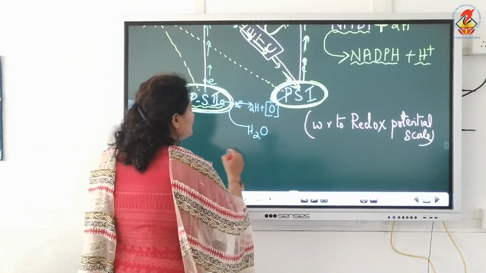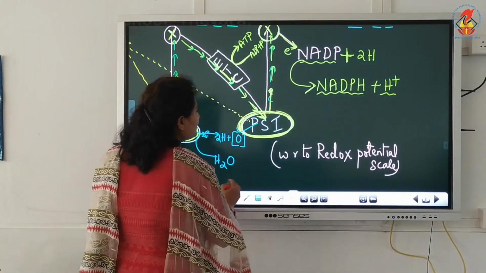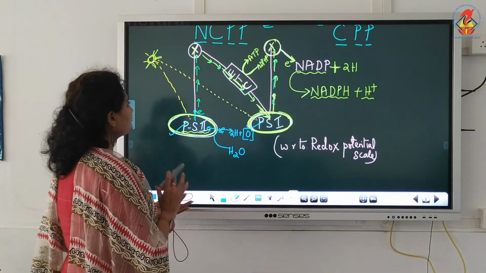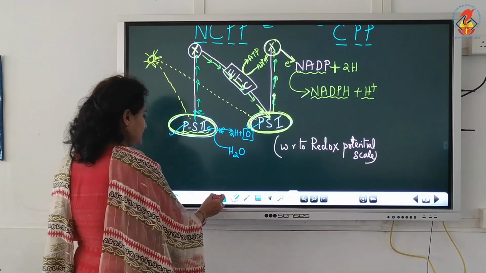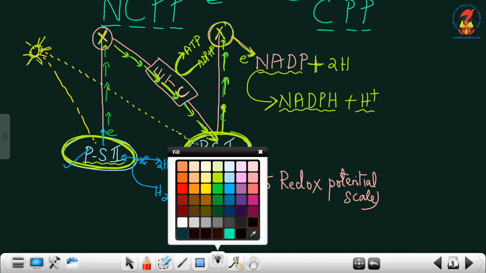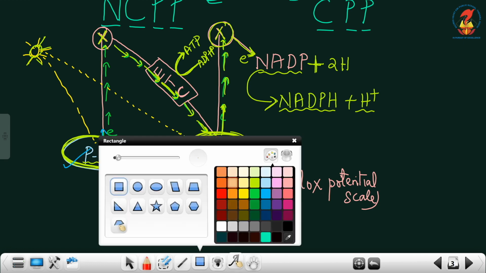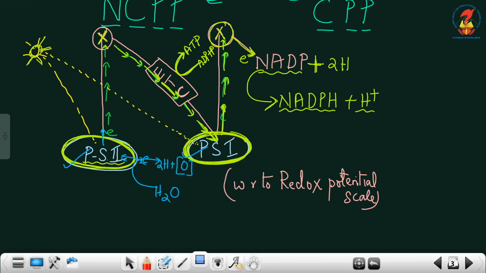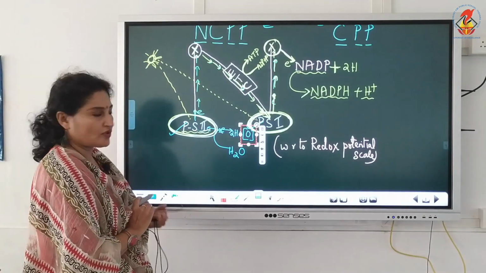Now before I give you an overview of this, we can just focus on the products of NCPP, that is non-cyclic photophosphorylation. I will highlight with a color which I have not used. Okay, first product is at this level, oxygen is one product.